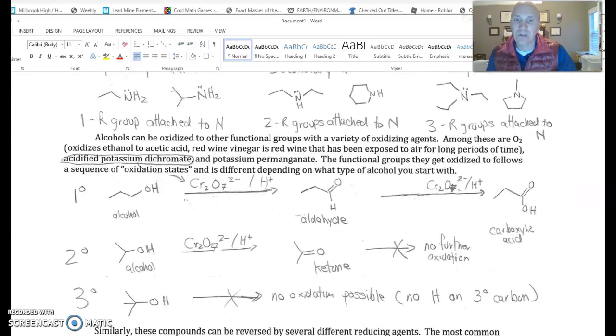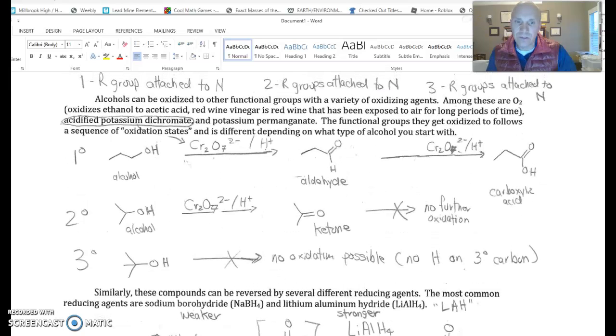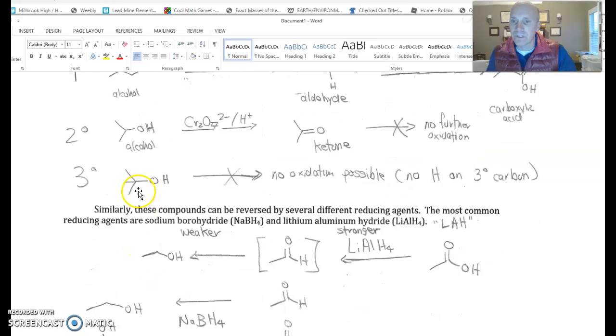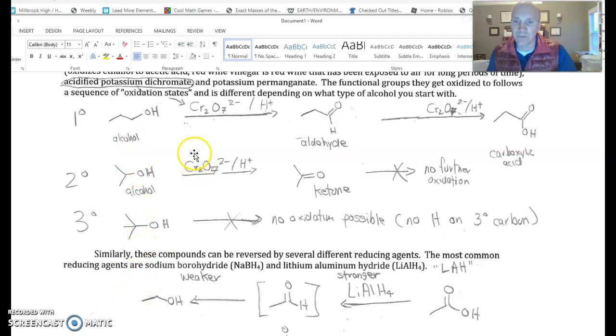For these types of reactions, I'm just going to call your attention to a page of notes that we did a while back. The way this is organized is that everything in this column right here was in the alcohol oxidation state. Depending on the type of alcohol, the oxidations and reductions can go in different steps.